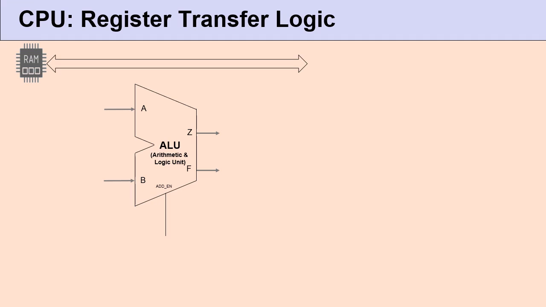Once the first number is brought into the CPU, we have to keep it within the CPU until the second number is brought in. For this purpose, we have two memory locations connected to the inputs of the ALU within the CPU. These are typically called CPU registers. In our diagram, we have labeled them as RA and RB, referring to register A and register B respectively.